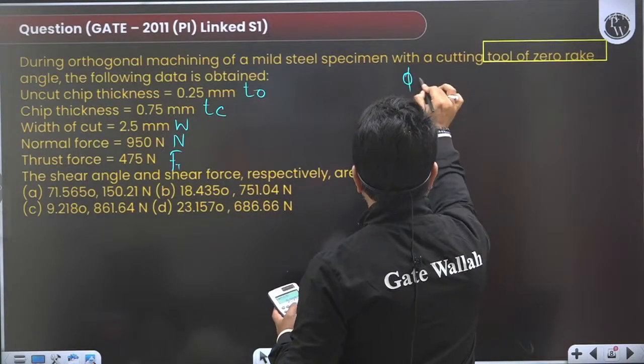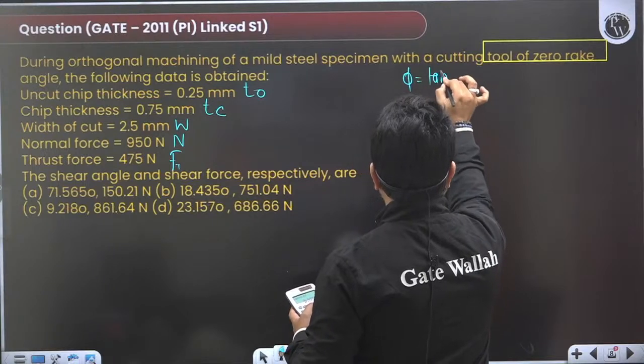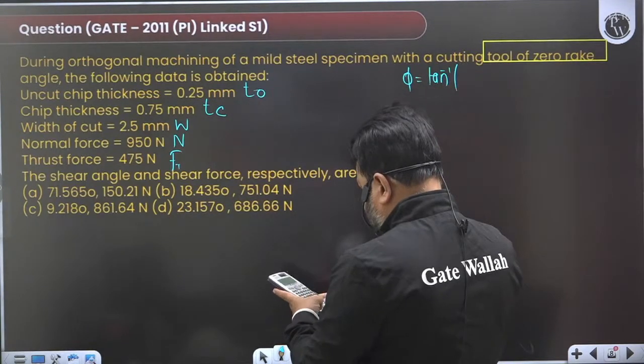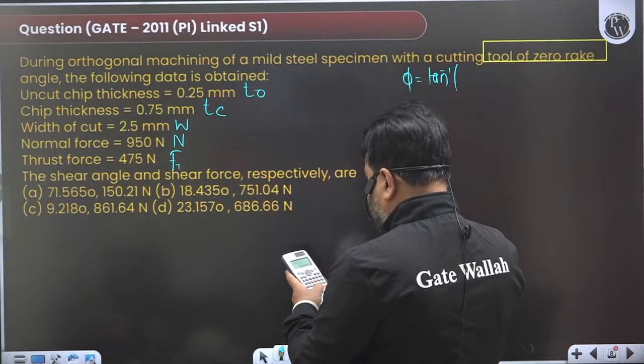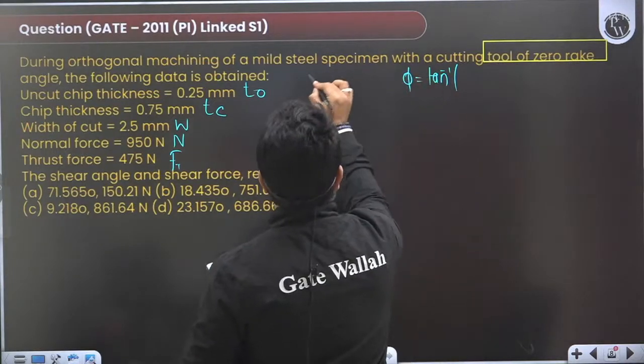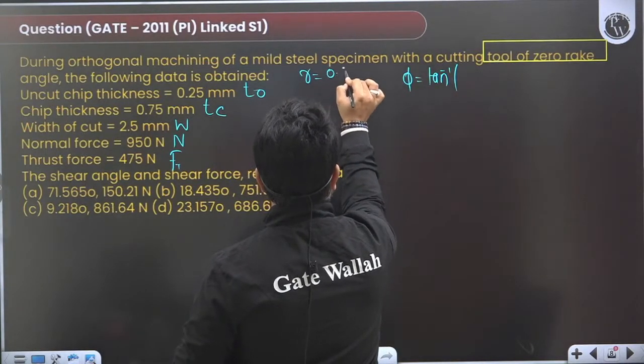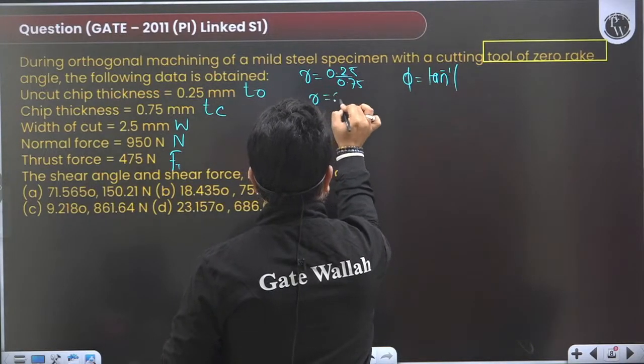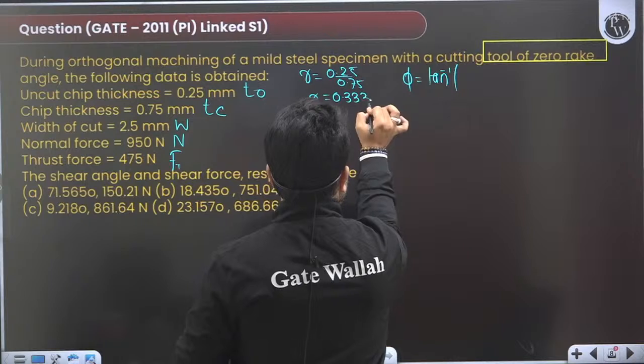So shear angle, that is tan inverse r, where r is 0.25 divided by 0.75, and it is 0.333.